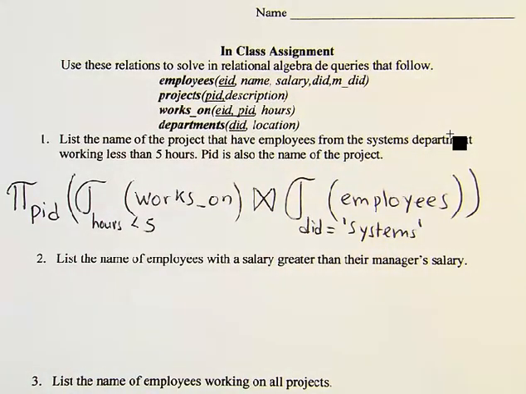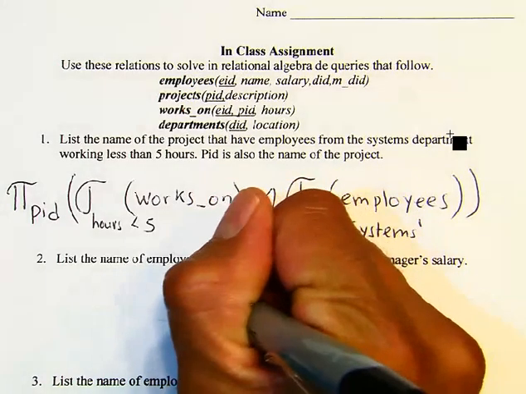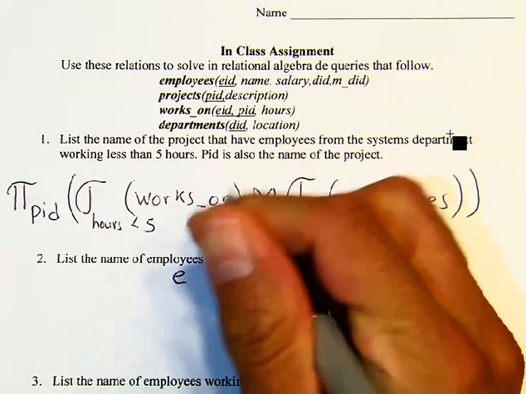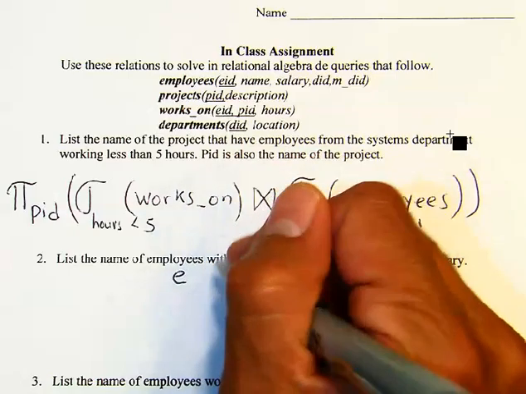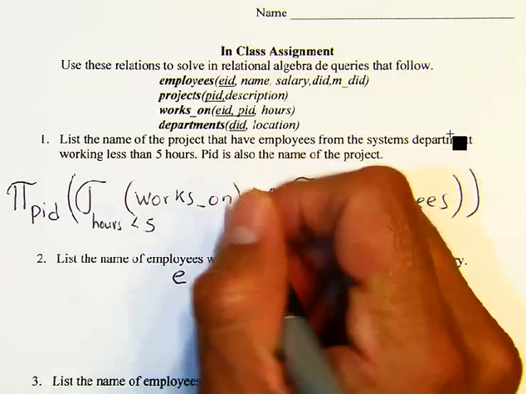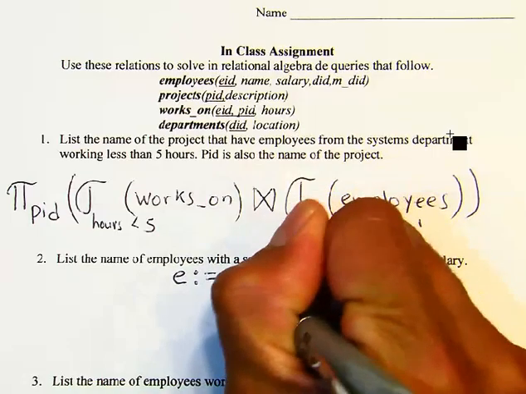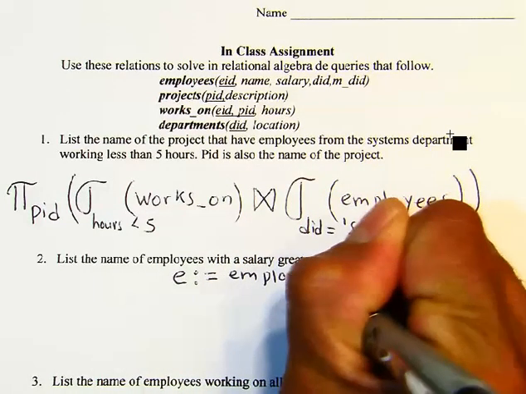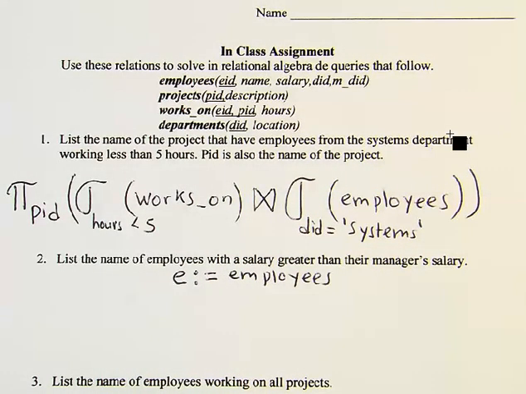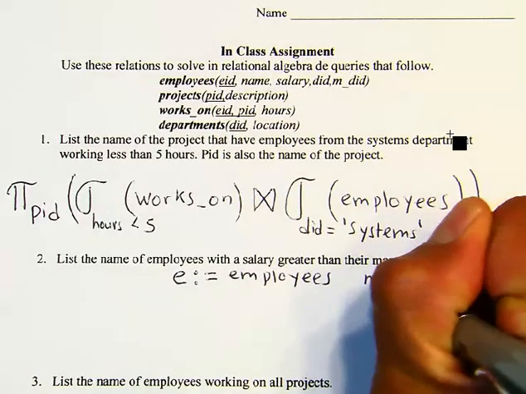So then let's open employees twice. So let's call that table E for employees, and let's assign that. So we got employees, and then let's get managers.